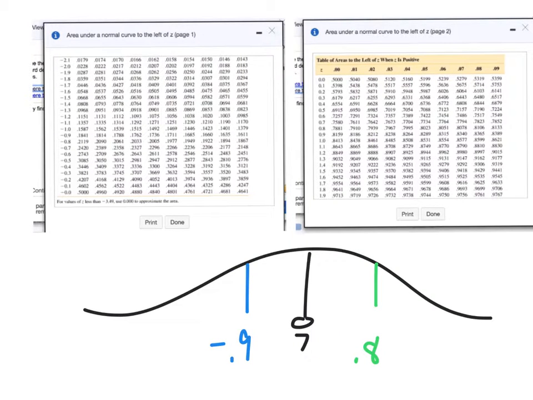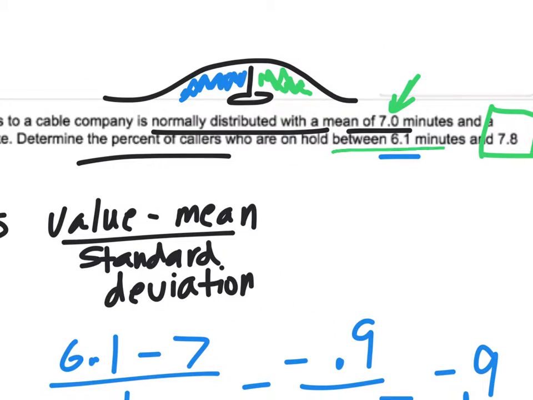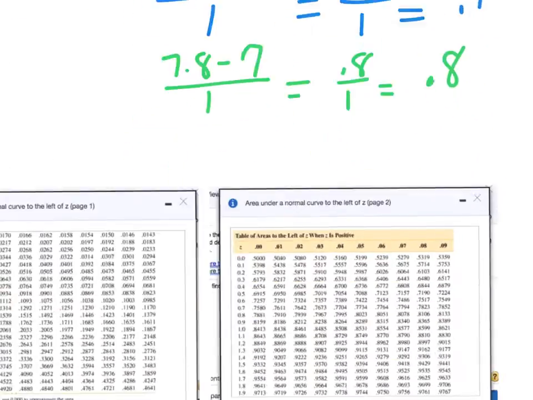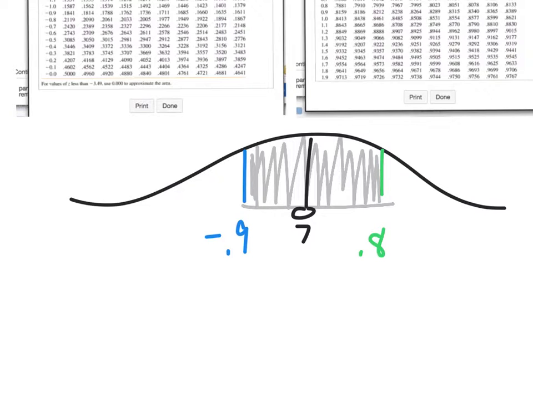So how does this translate into helping us to solve the problem? The problem was asking us to find the percentage of callers who are on hold between those two wait times. So we're trying to find the percent of the normal curve that falls in between these two z-scores on the normal curve.